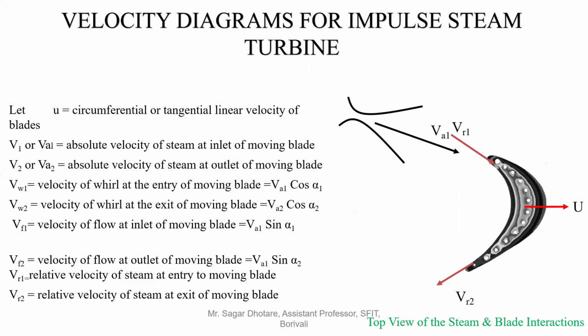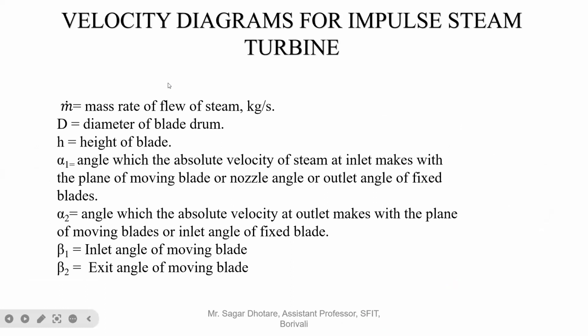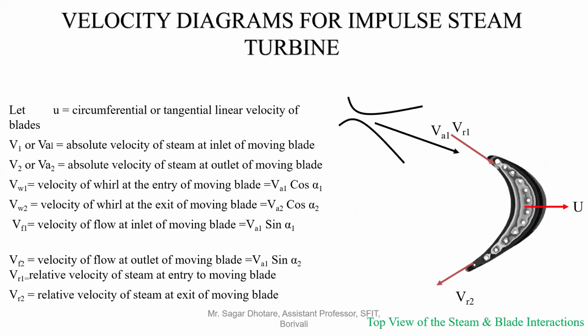Now, the next one, the most important task, is to understand the velocity diagram for impulse design. We know that the steam travels through the nozzle and passes over the curved shape of a blade.